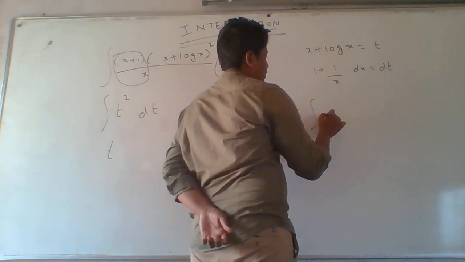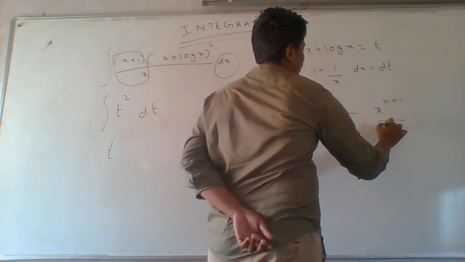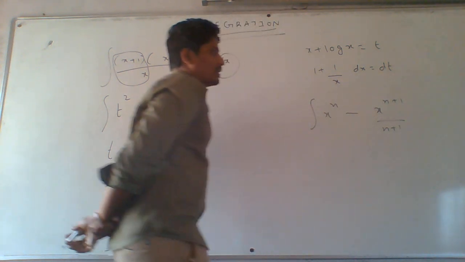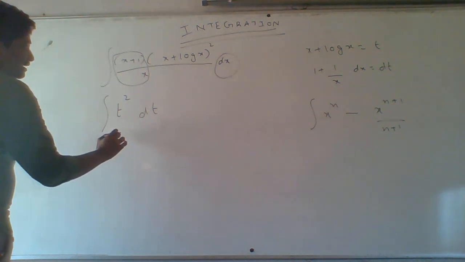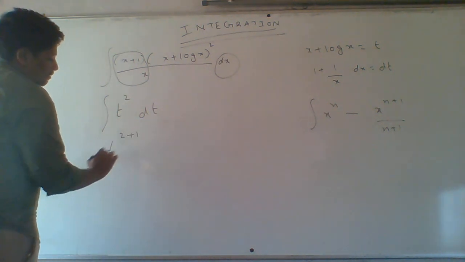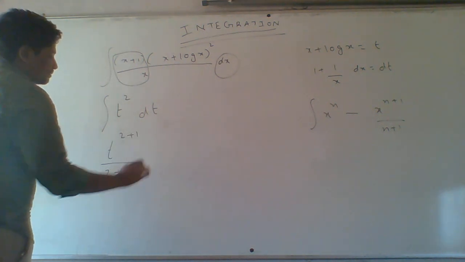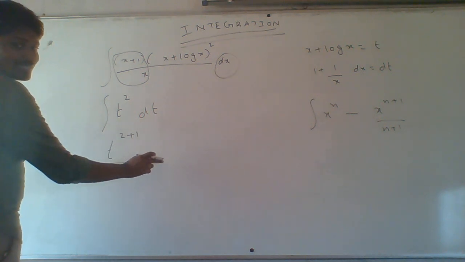Integral t square dt looks like the formula for integral x power n. What is the formula for x power n? It is x power n plus 1 by n plus 1. So t power 2 plus 1 by 2 plus 1. Now after you do the process of integration, you have to put c here.